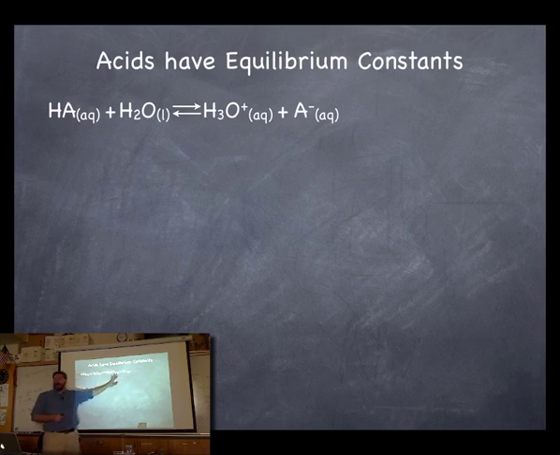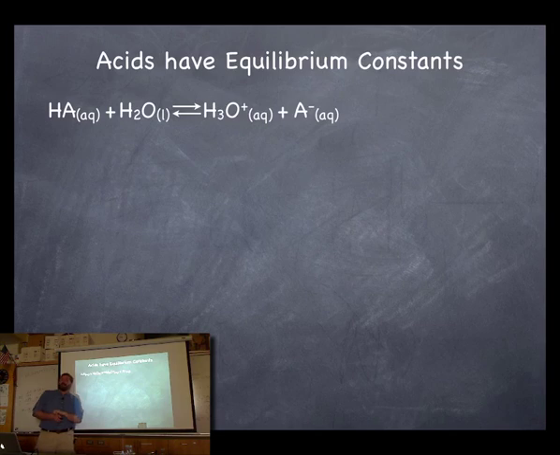Remember, we talk about acids as conjugate acid-base pairs. So here's our acid. We recognize it as an acid because it loses this hydrogen to the water. And so then this A minus, the conjugate of our acid, is a base, because if we look at the reverse reaction, what we see is the A minus gaining a hydrogen to form HA. So this is an equilibrium situation.